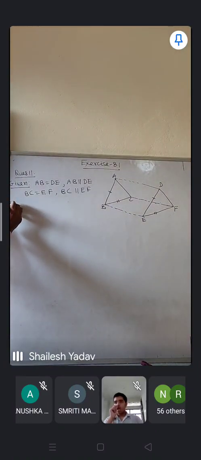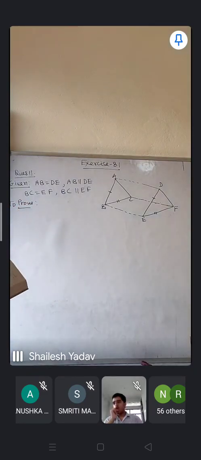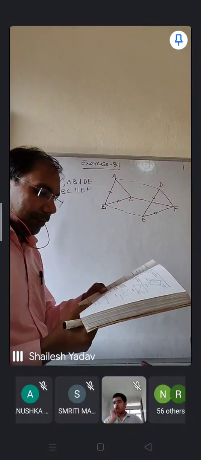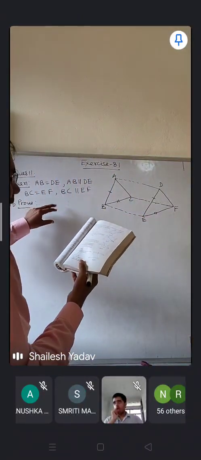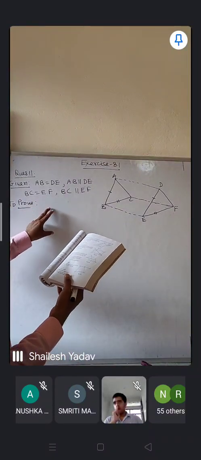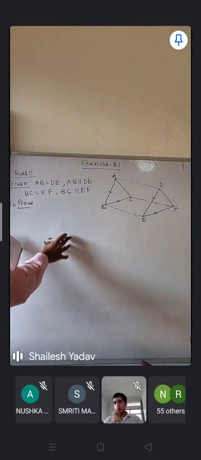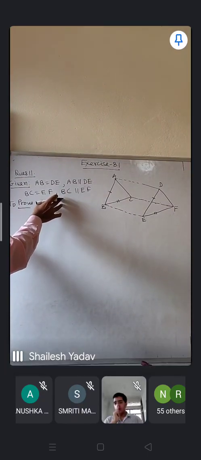Now what you need to prove in the first part? Students, you need to write all the 6 parts. Here in this question, you are given the 6 parts to prove. So you need to write all the 6 parts in the to prove. I am not going to write it here, otherwise it will take the whole board.